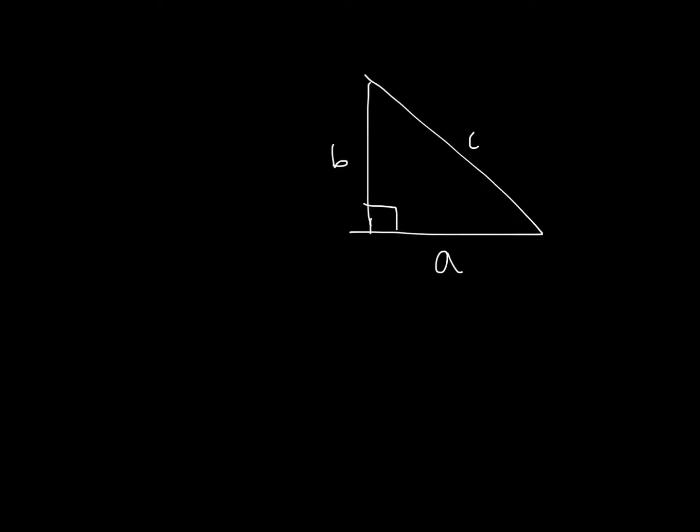To start off, let's remind ourselves of the Pythagorean theorem. Go ahead and write out the Pythagorean theorem. You can assume that we have a right triangle with side A, side B, and side C. You'll remember that the Pythagorean theorem says that if you have a right triangle, then the sum of the squares of the smaller sides, a squared plus b squared, has to equal the square of the hypotenuse, c squared.